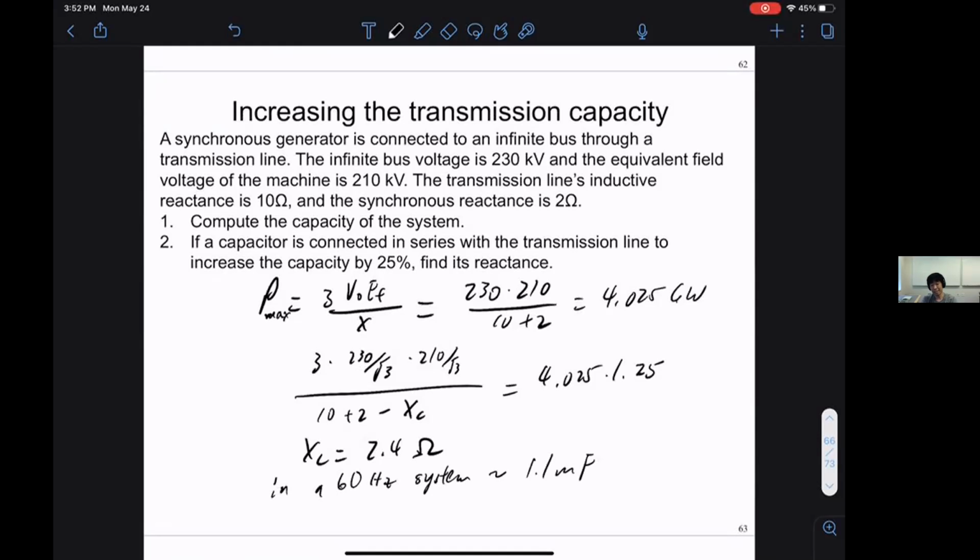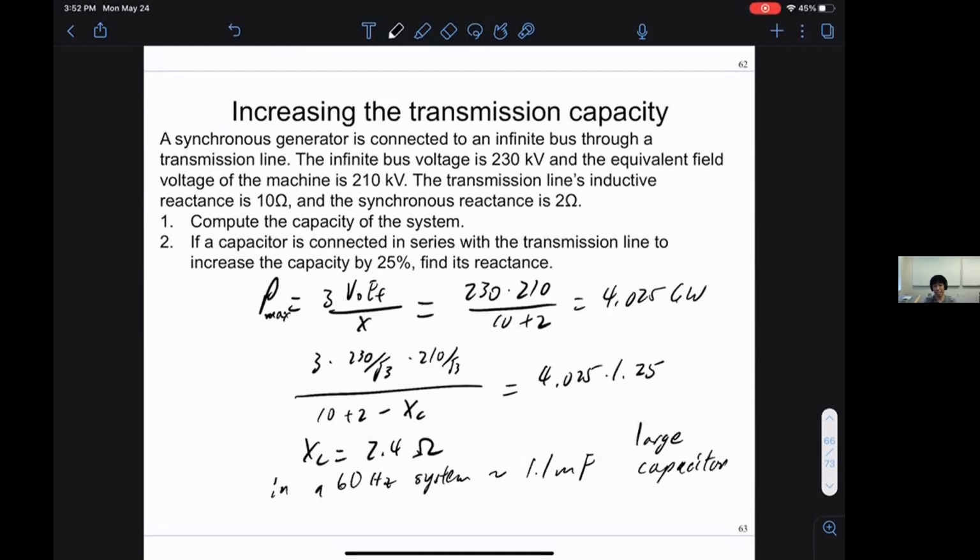The unit farad is a very large unit. A 1 farad capacitor is almost never seen. A millifarad is a very large unit, especially for a capacitor that carries a lot of current. So this is a very large capacitor, a very costly capacitor as well.